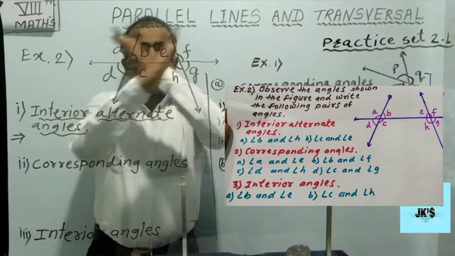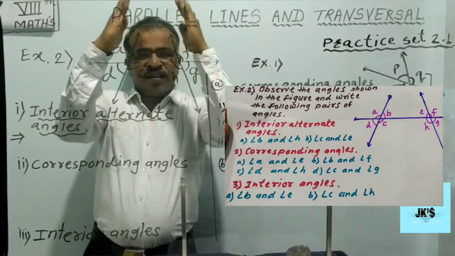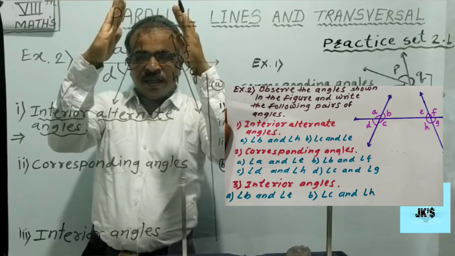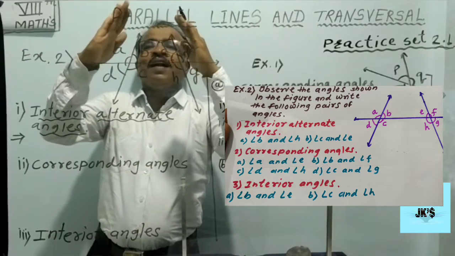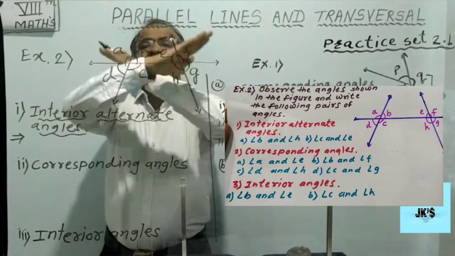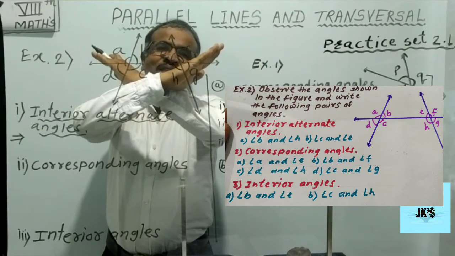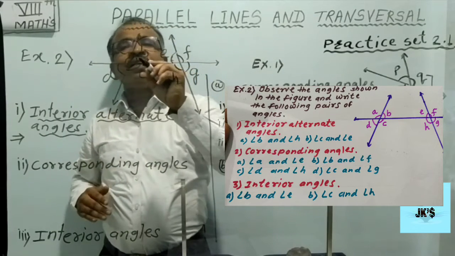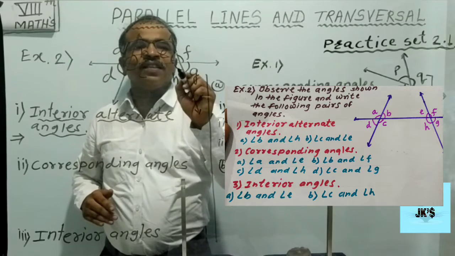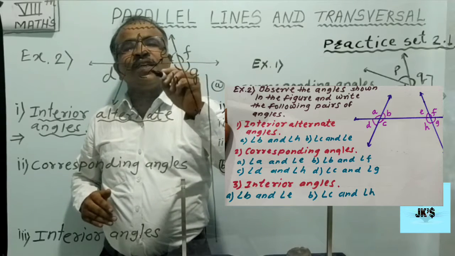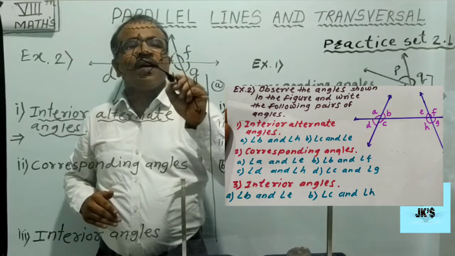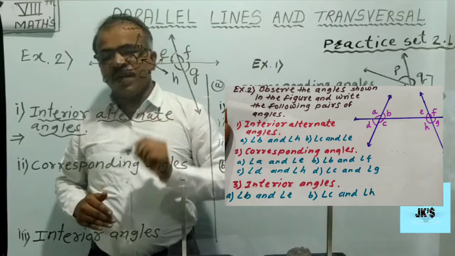Interior means in between the two lines, and alternate means on the opposite side of the transversal. Okay, this one and this one. This is one pair and this one is another pair.